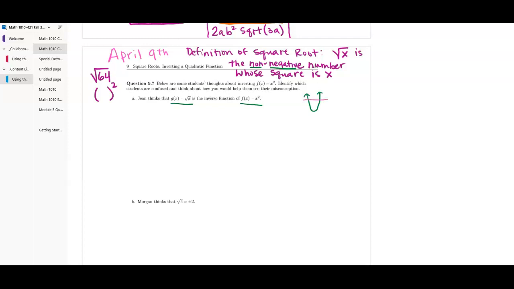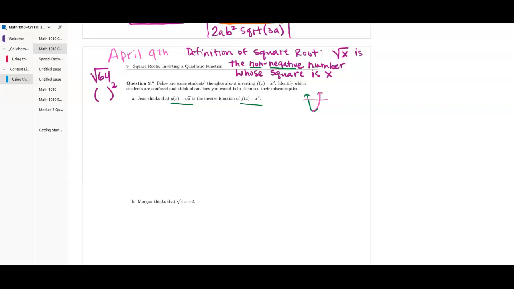But we said if we just looked at half of the parabola, like this part of it, then that part would be invertible. So you're right in thinking these are inverses of each other, but we just can't have the whole thing. We only want the domain of our f of x to be 0 to infinity rather than negative infinity to infinity, which is that first green graph that I drew of that parabola.